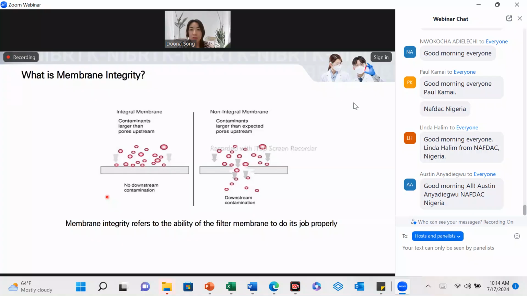If the membrane is not intact, impurities and large particles that should be filtered out will pass through downstream. This is something we definitely don't want to happen.